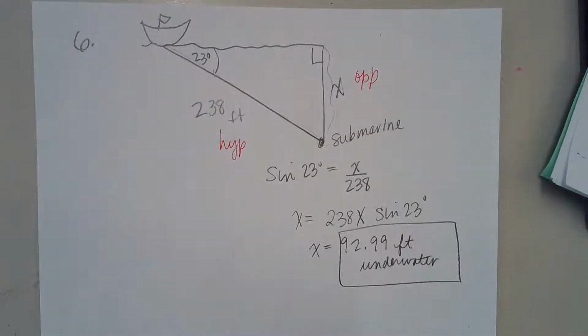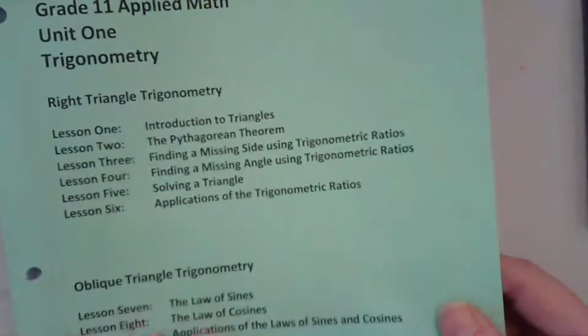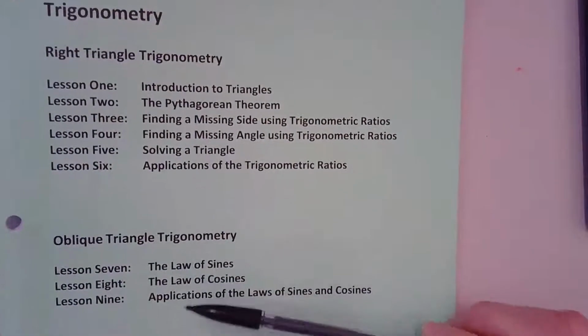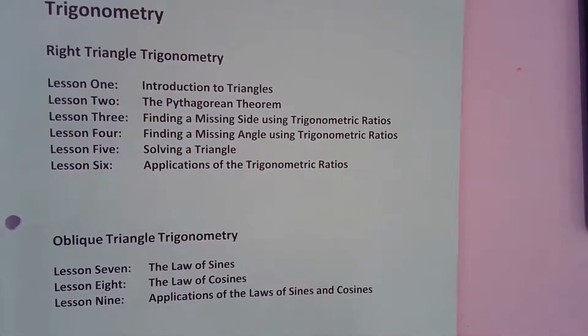Okay, I'm going to introduce this. It says on your cover page, right angle trigonometry, oblique angle trigonometry. So I'll just do a quick summary of why we have some more trig that we have to learn.